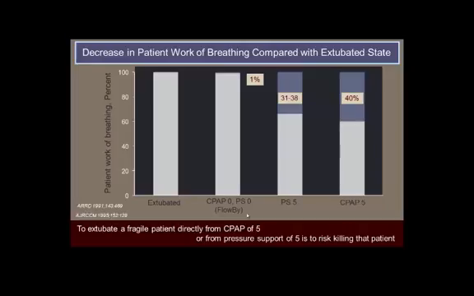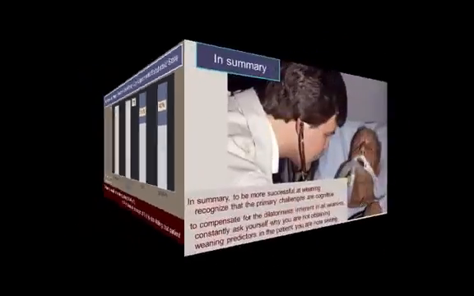So to extubate a fragile patient directly from a CPAP of 5 or from a pressure support of 5, to me, is to risk killing the patient. It's an unnecessary risk. There's no need to take that risk in a patient.